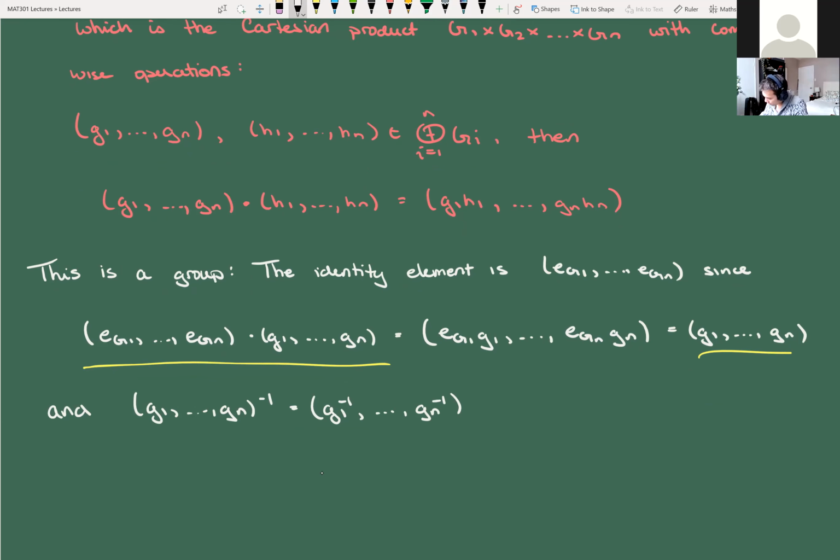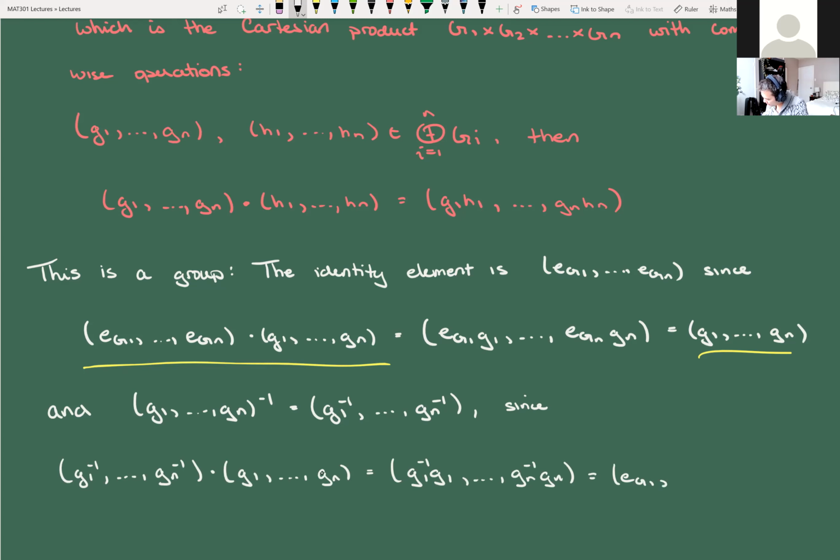This works because if you do g1 inverse through gn inverse, and again, if it works on every component, it's definitely going to be true overall, right? So that gives you g1 inverse g1, through gn inverse gn. That gives us the identity in G1, through the identity in Gn, and so on. So this thing does what an inverse should do, because we recognize the component on the left as being the inverse in the direct product. And so this is the inverse.